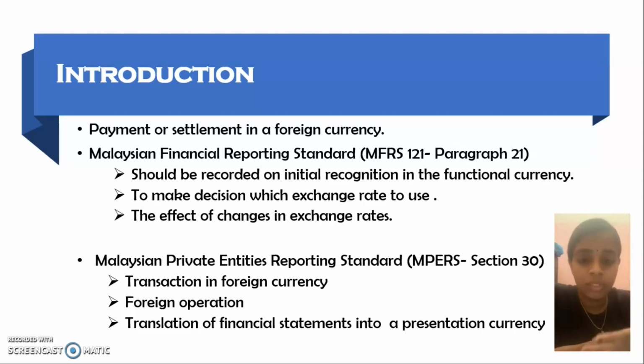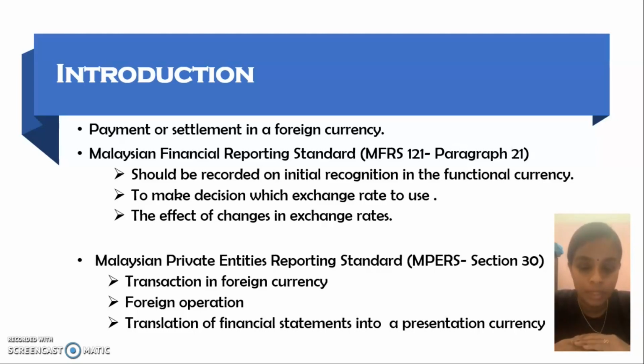They identify which exchange rate needs to be used, how to use the exchange rate to recognize it in the financial statement, and also how this exchange rate gives effects on their financial statement. That's what we see in MFRS.